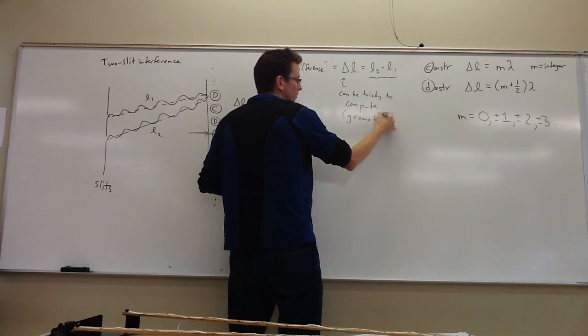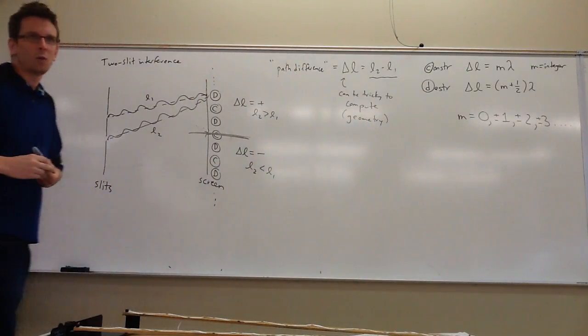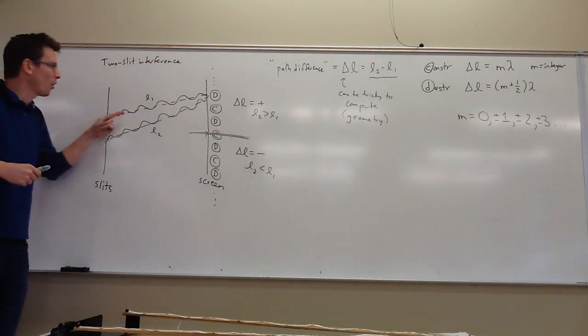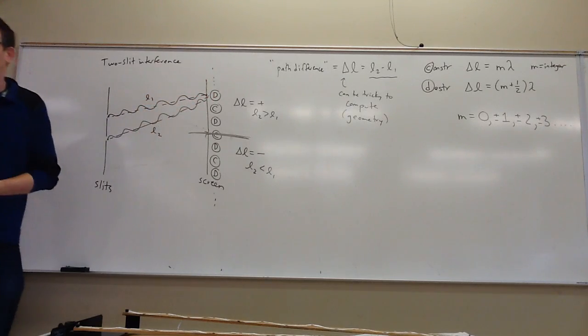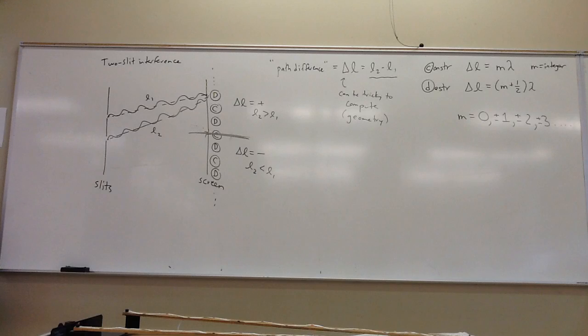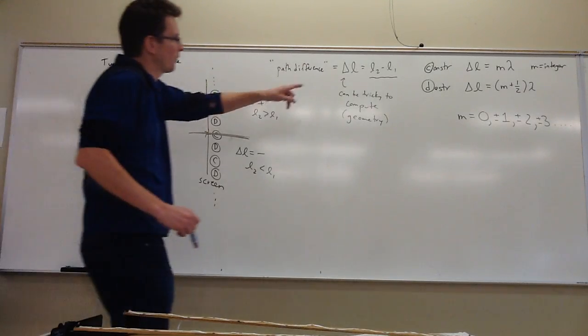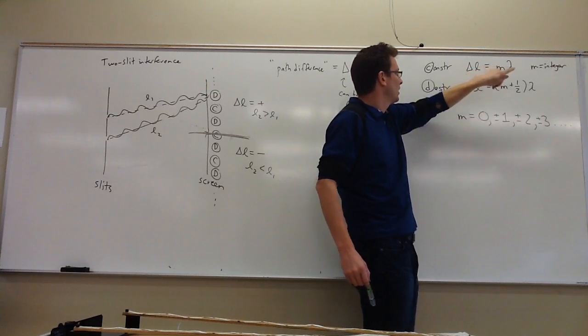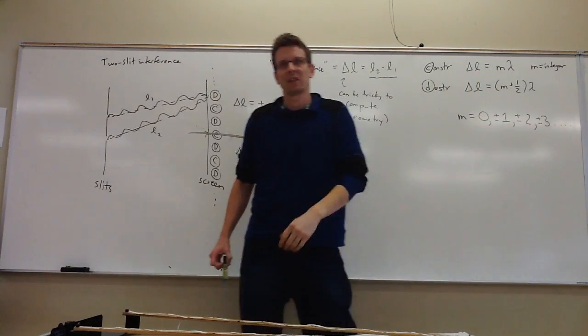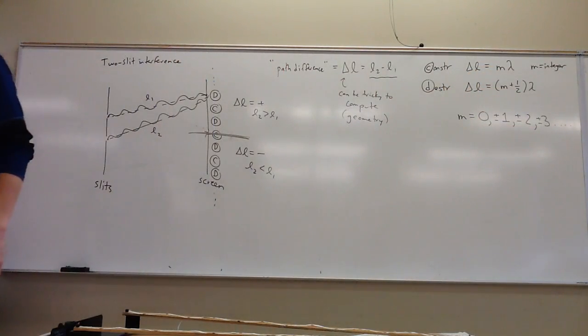It requires you to actually measure how far is this, how far is this. Finding these lengths requires a little bit of thought. And then once you have each of the path lengths, you take the difference. If that difference is a whole number of wavelengths, you'll get constructive interference there. And if the path difference is a whole number of wavelengths plus an extra half of the wavelength you're working with, then you'll get a destructive.